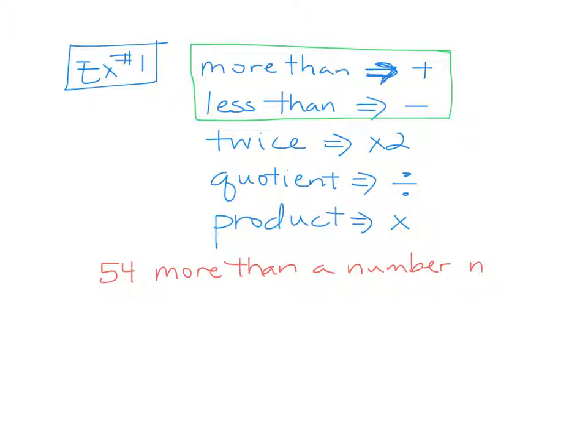Okay, so right now it looks like 54 plus n, but that than, more than, less than, says flip them around. Now with addition, it doesn't really matter because you can add in any order and it would be fine, but with less than, it makes a big difference, right? Because if you subtract this way versus if you subtract that way, you're going to get different answers, okay? So just make sure when you see the more than or the less than, you would write it n plus 54, okay, for more than.